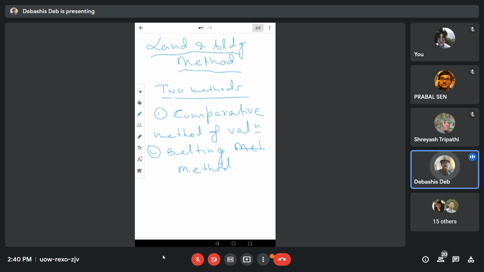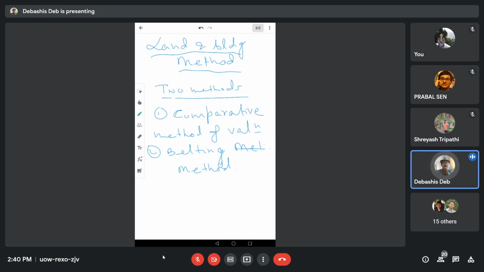So for a particular building, the rental is to be assessed on the basis of valuation. If I am interested to use a building on rental basis, and the owner is asking some rent, whether that is on the basis of fair rent or not may be compared. So I will be searching for similar types of buildings and what the rent is presently. That is the comparative method of valuation we will be studying afterwards.